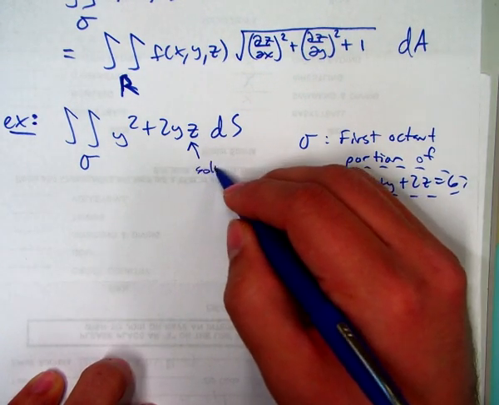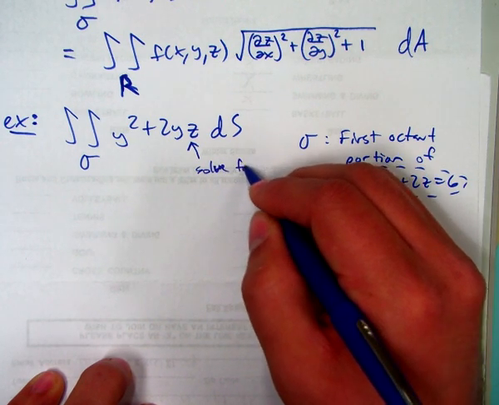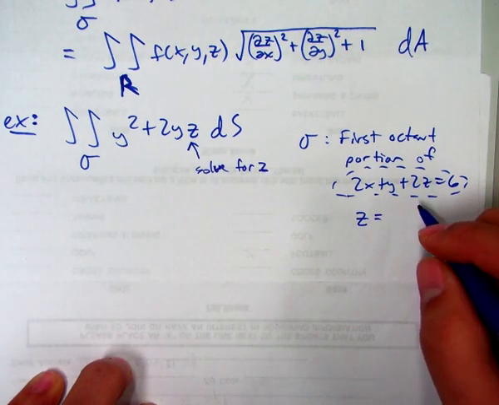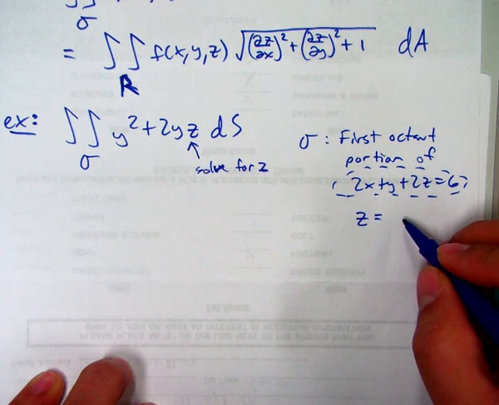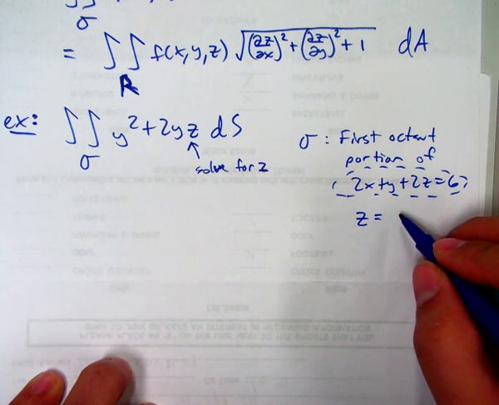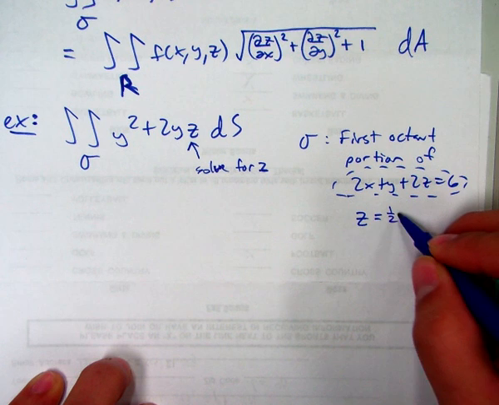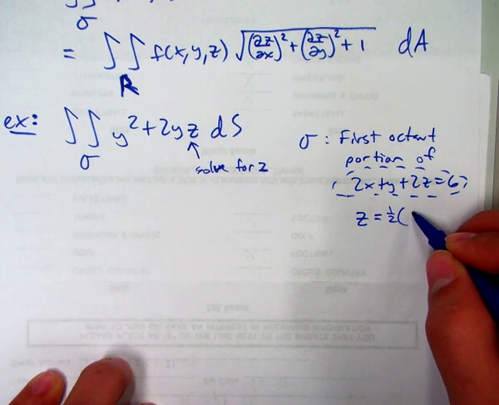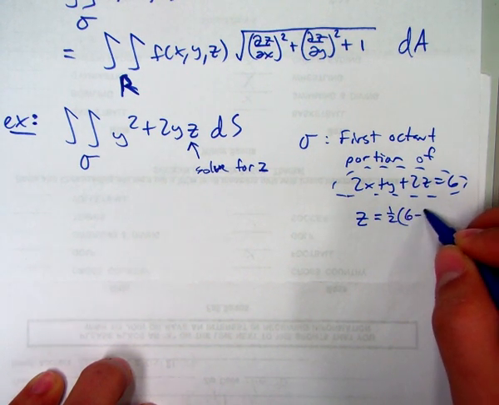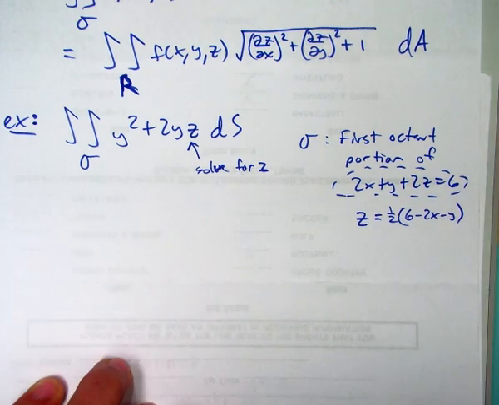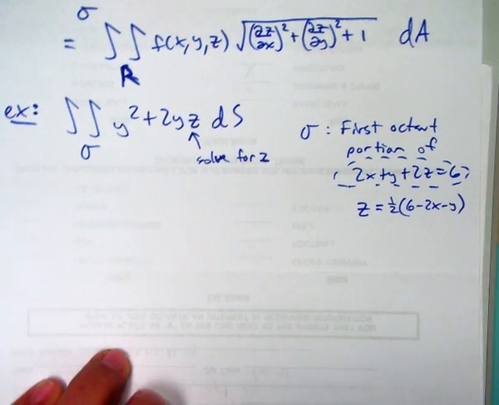One half times 6 minus 2x minus y. You can simplify that, but that's good enough.